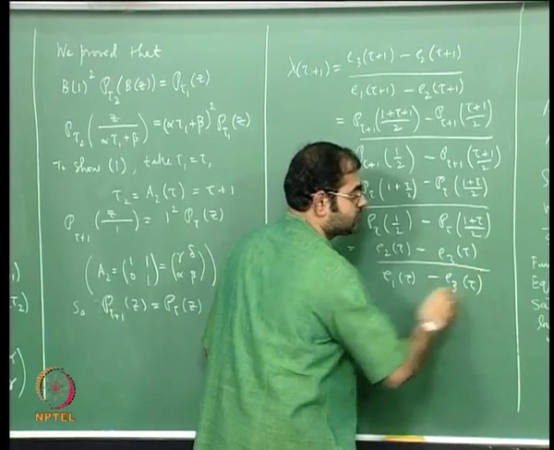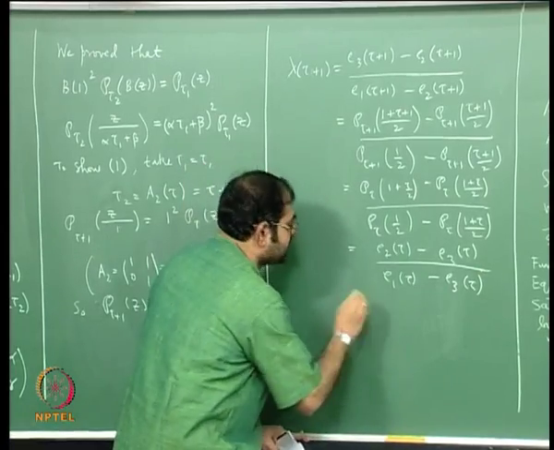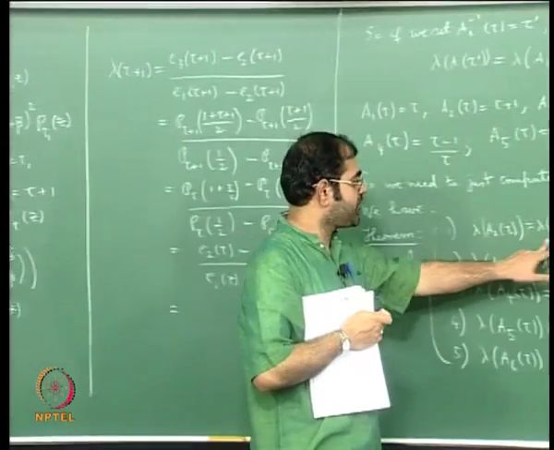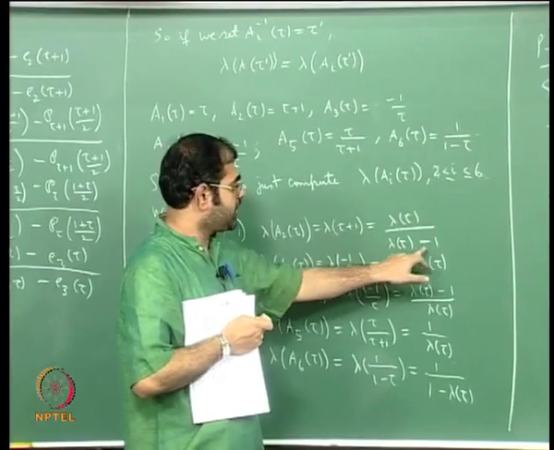So this is E2 of tau, and that is E3 of tau divided by E1 of tau minus E3 of tau. And what I want is lambda of tau by lambda of tau minus 1.